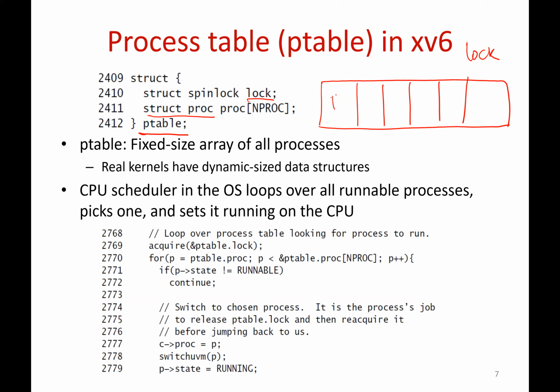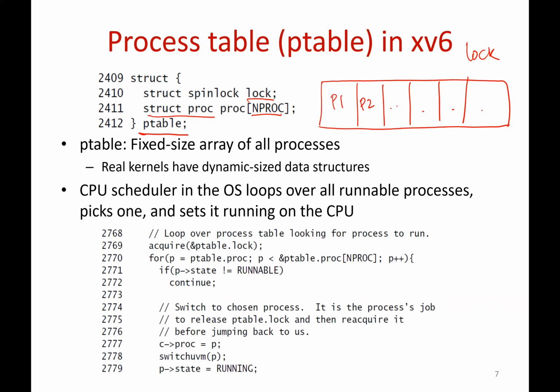All the processes, whether active or not, have entries in this struct proc array. There are NPROC number of entries, and this fixed size array has information about all the processes in xv6. Of course, because xv6 is a simple OS, it has a fixed size array. Real operating systems maintain this as a dynamically sized data structure.